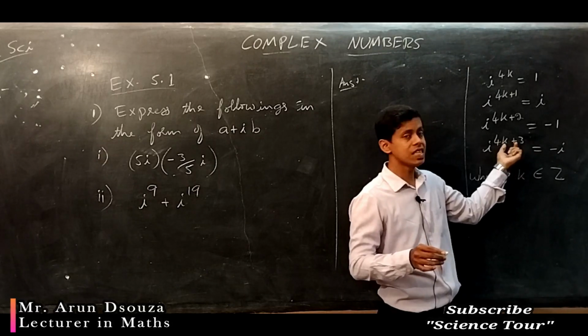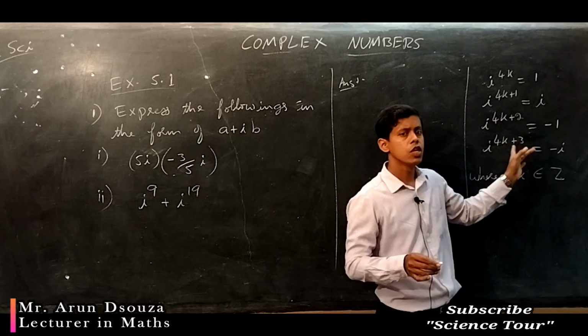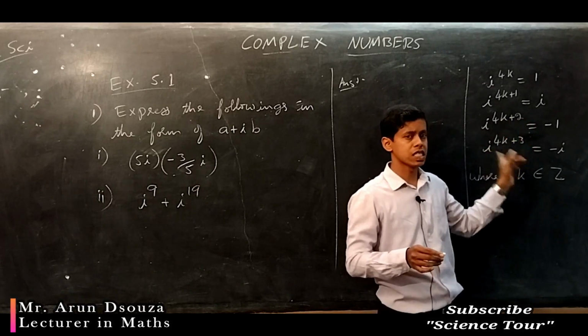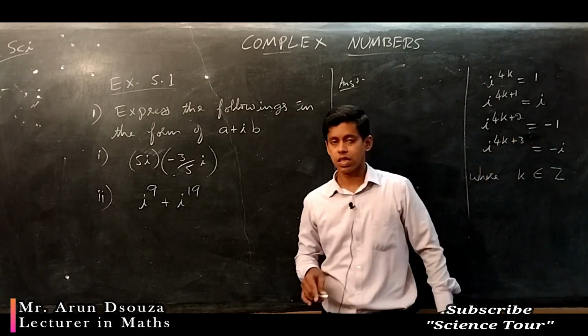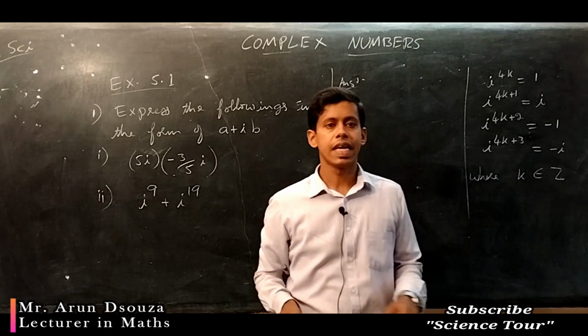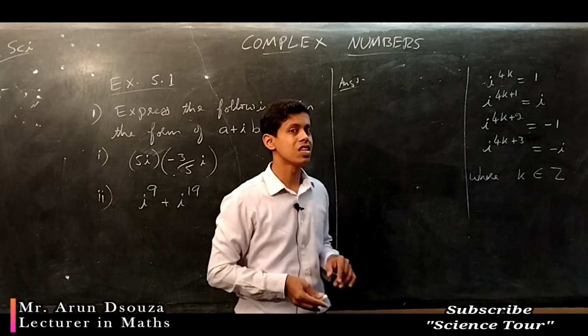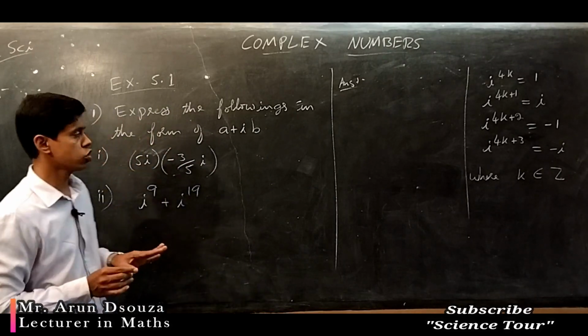You can put 1, 2, 3, 4, 5, 6, 7. You can put minus 1, minus 2, minus 3, minus 4 also. You can put 0. Even 0 is there in the set of integers: 0, positives and the negatives. Remember, 0 is neither positive nor negative. Remember that concept also.